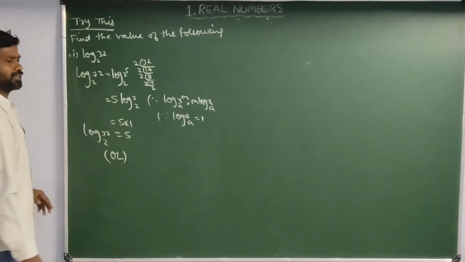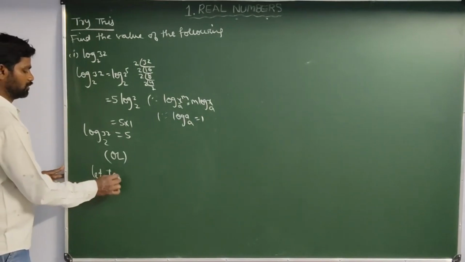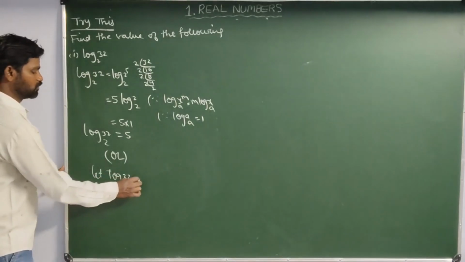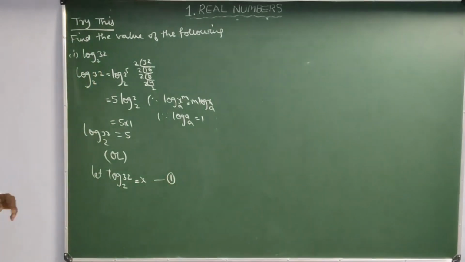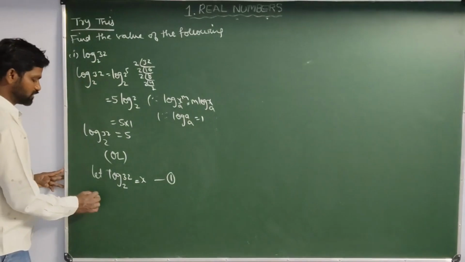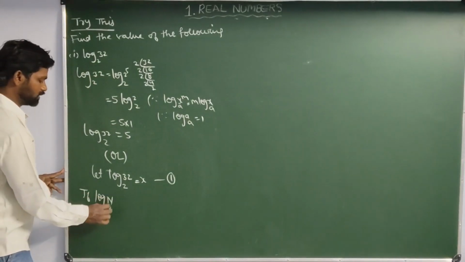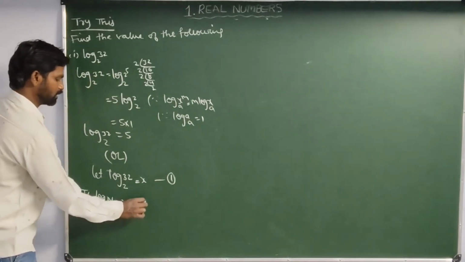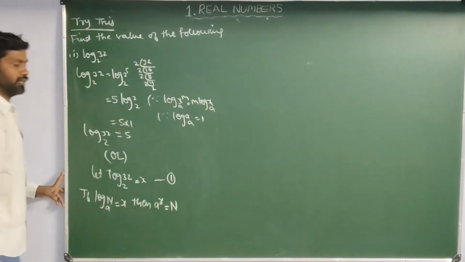So we can use one more method. Let log 32 base 2 is equal to some x. By using the definition of logarithm, we know that if log n base a is equal to x, then we can write the exponential form, that is a power x is equal to n.